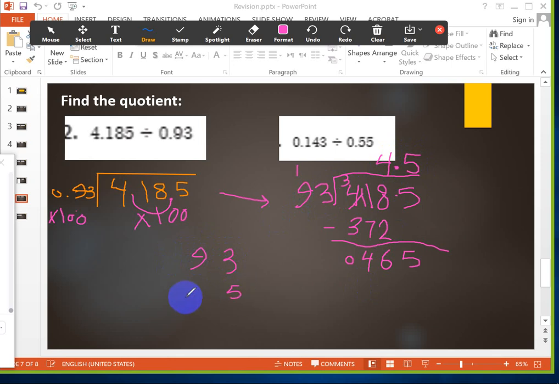To multiply 5 with 93, if you can't multiply it here. 5 multiply 3 equals 15, so it will be 5 here and 1 above the 9. 5 multiply 9 equals 45 plus 1 equals 46. So the same number, 465. Then I will subtract.